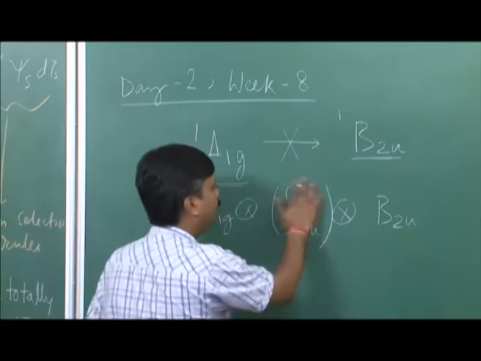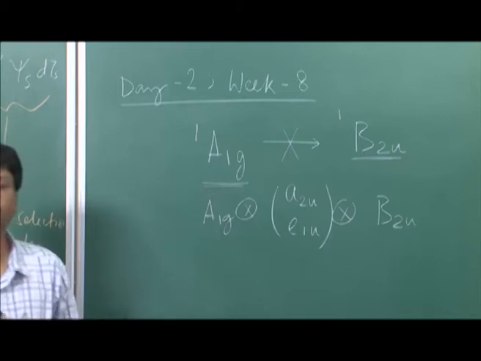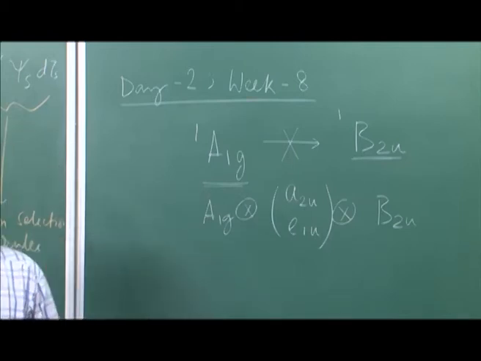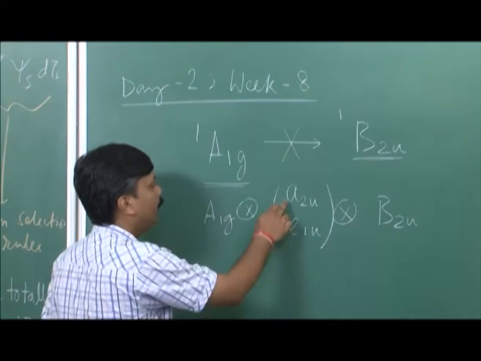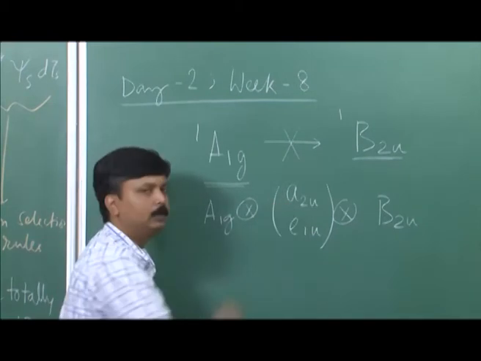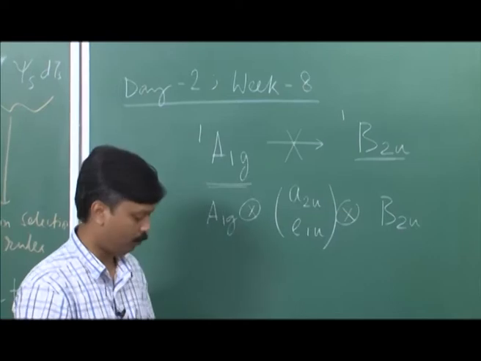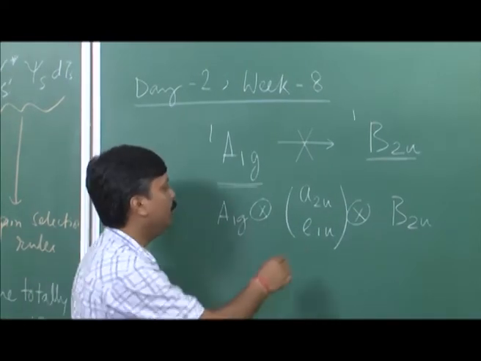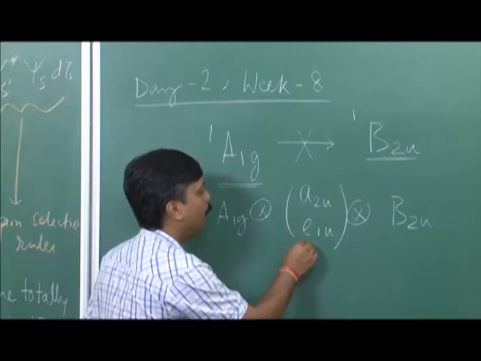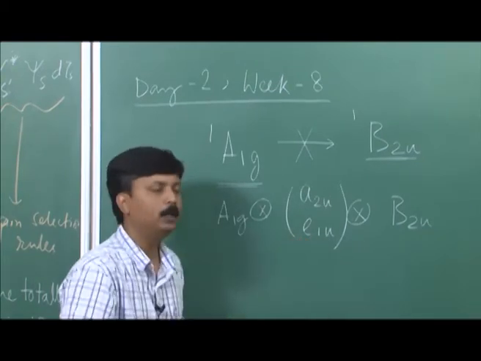I wrote it in a particular way that you will see in most of the books related to electronic spectroscopy. Here A2u forms the basis for the z axis, while x and y transform as E1u.